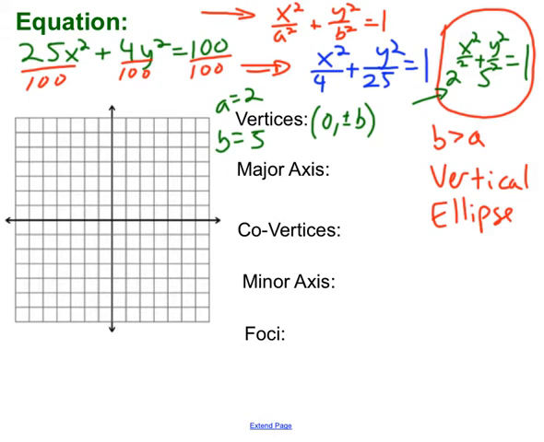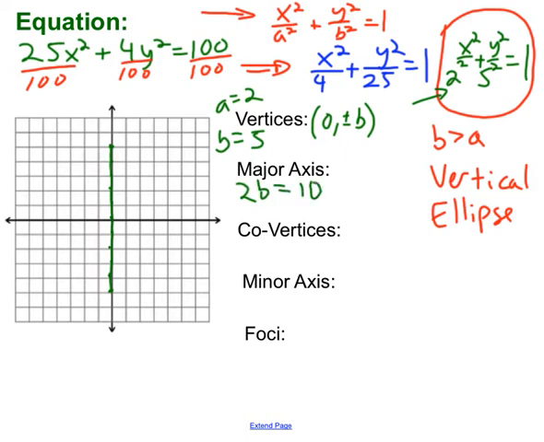So if the vertices are at 0 plus or minus 5, we start at the origin and we count up 1, 2, 3, 4, 5, and then we count down 1, 2, 3, 4, 5. All right, so there are our vertices along the major axis, and the major axis should also have the foci when we get to those. Okay, so the major axis is 2b in this case, which is 10.